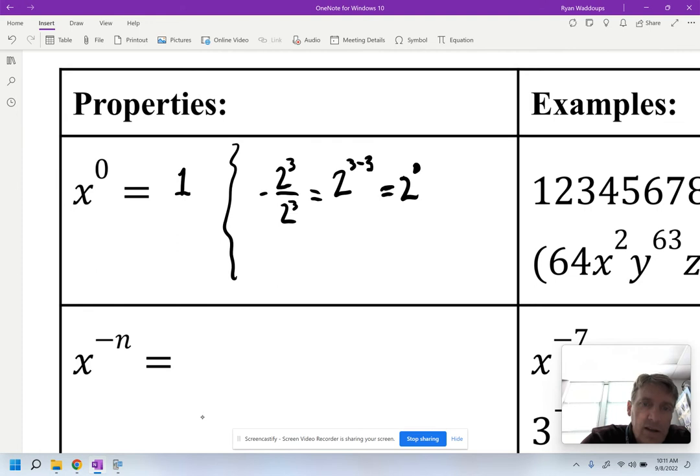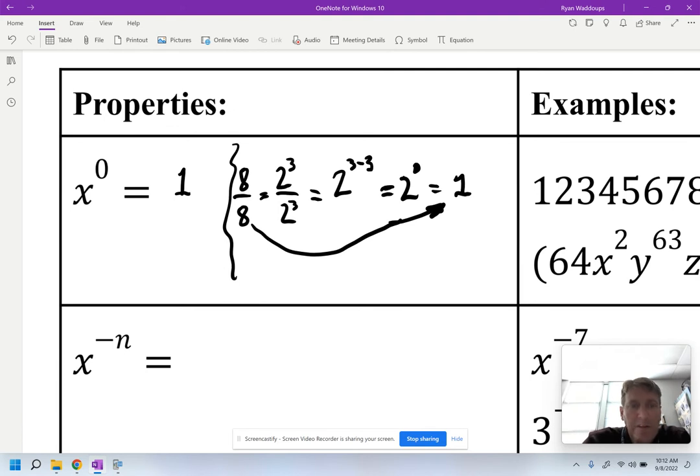But on the other side, 2 cubed is 2 times 2 times 2, or 8, and it's the same in the bottom. When you divide a number by itself, you get 1. An important thing to note is that x, the base, cannot be equal to 0.